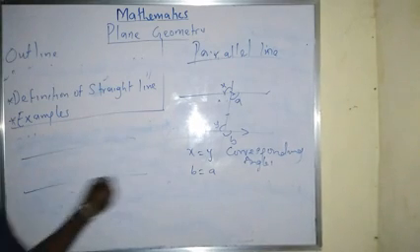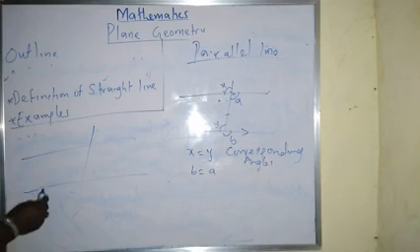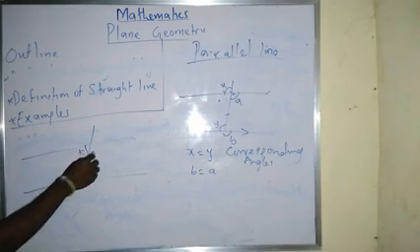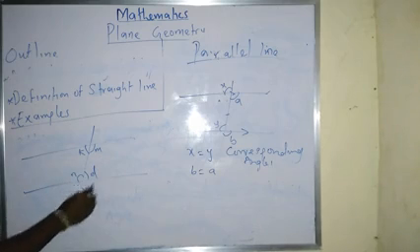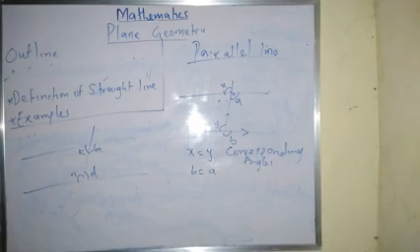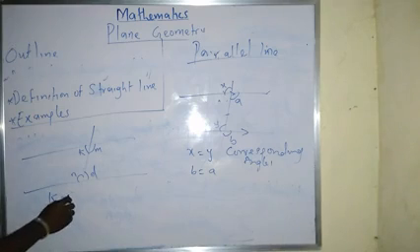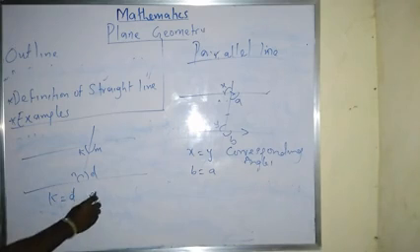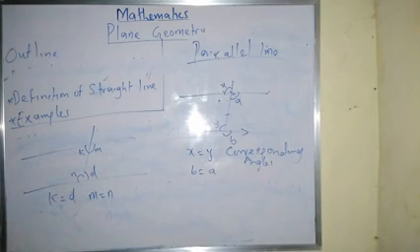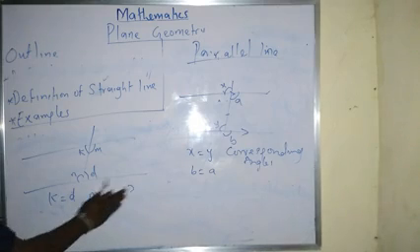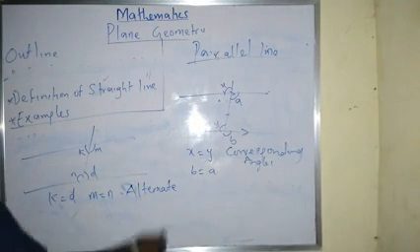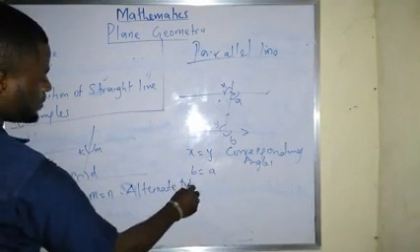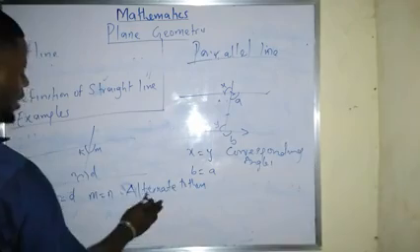If I have two parallel lines like this, with K, M, N, and D, then K equals D, and M equals N. It means they are alternate angles. They are alternate to themselves.